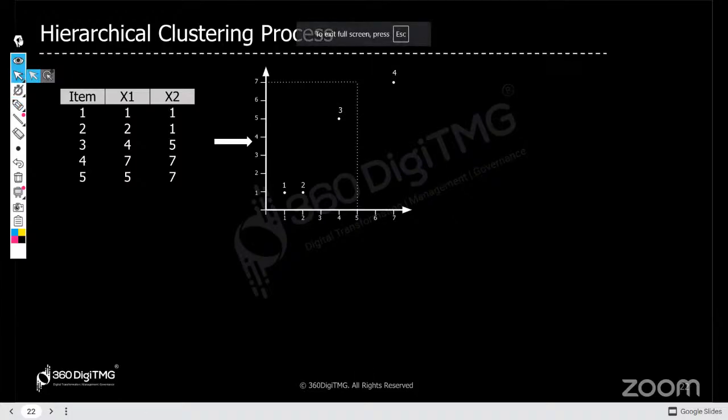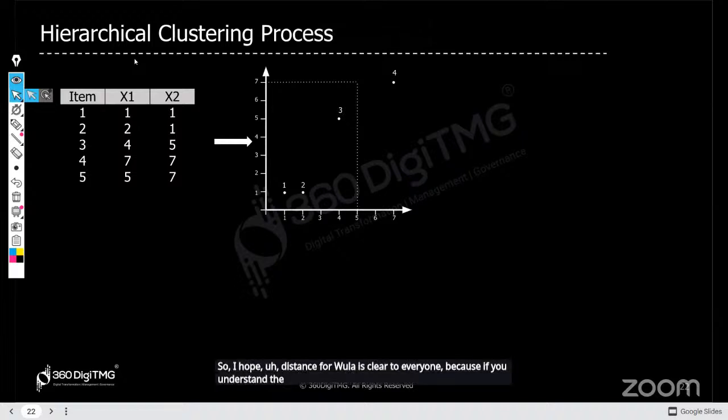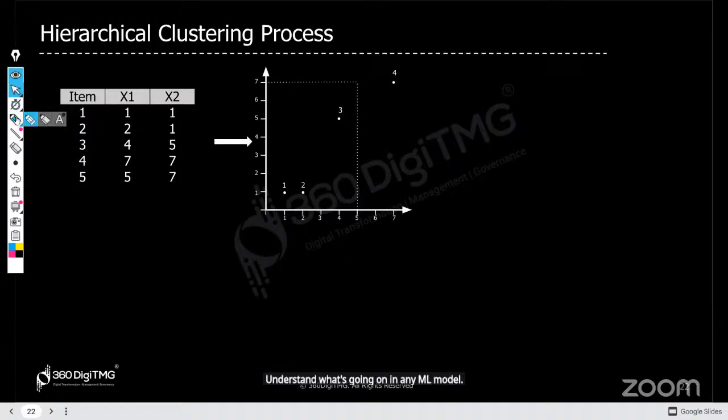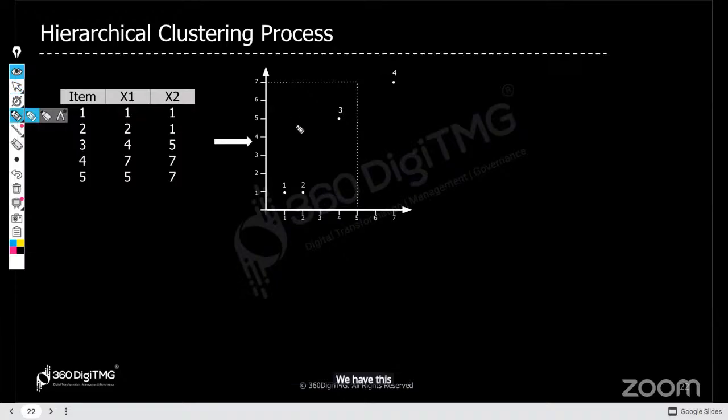So I hope the distance formula is clear to everyone, because if you understand the distance formula, then only we can understand what's going on in any ML model. So imagine that we are having this hierarchical cluster. We are trying to find the distance of one data point with all the other data points.